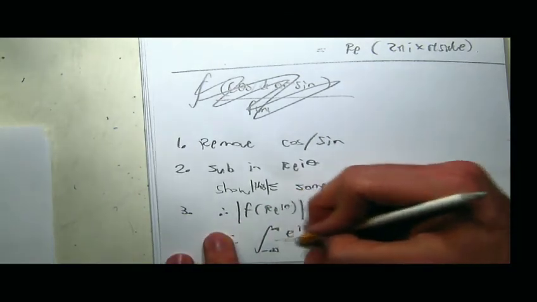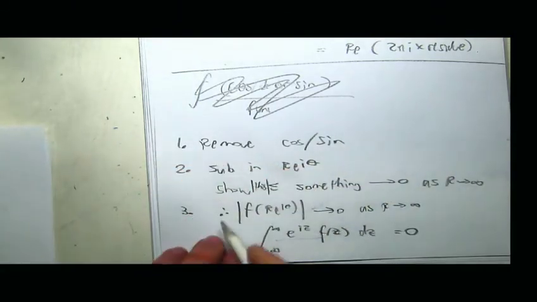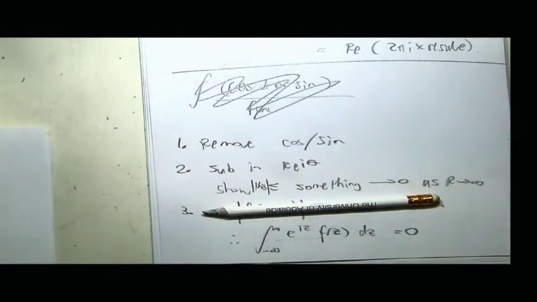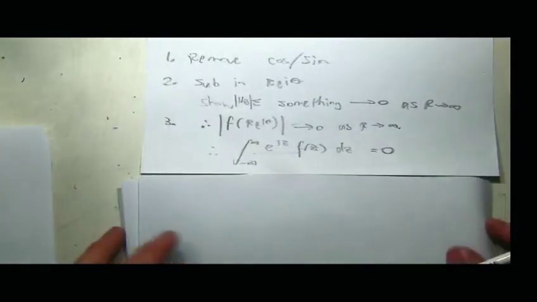That's Jordan's lemma. Okay, so after you've done this bit, you technically don't have to say this bit. You can just say, therefore, the integral with e to the i z times that function goes to 0. Okay, and then once you've said that, you can do your little split of the integral thing.